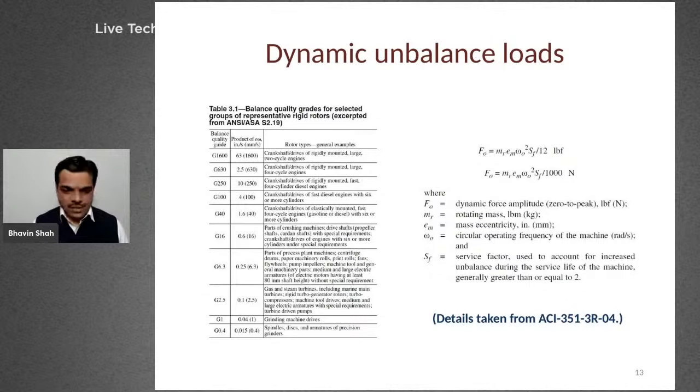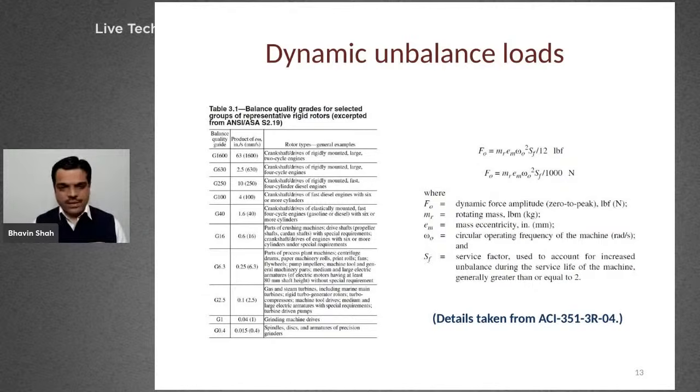So for working out the dynamic unbalanced load for any machine, the balance quality guide is very important. What we see on the screen on the left hand side, the first column, is showing the balance quality grade. The equipment we are talking about right now will generally fall in the balance quality grade of G 2.5.